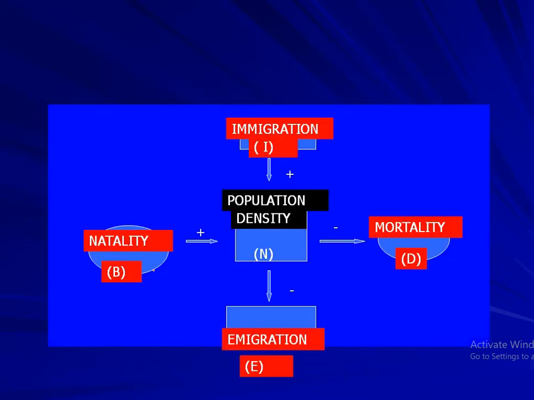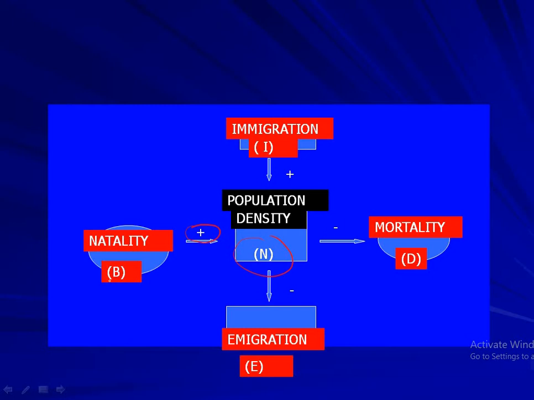Before we move to the calculation of the population density, let us see this figure. Population density is denoted as N, and there are different factors which change the population, right? The first factor is natality, which increases the population. The second factor is mortality.